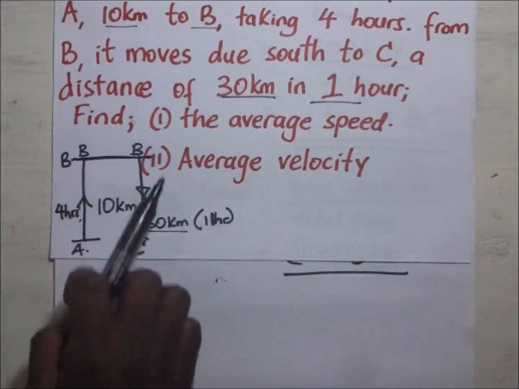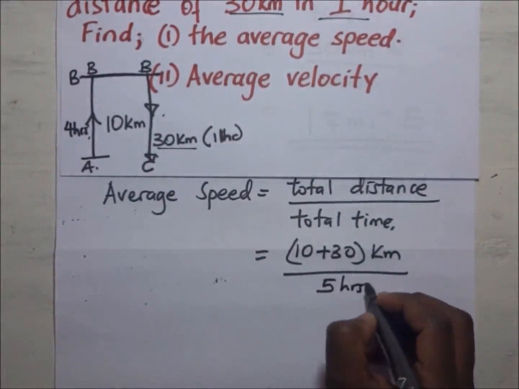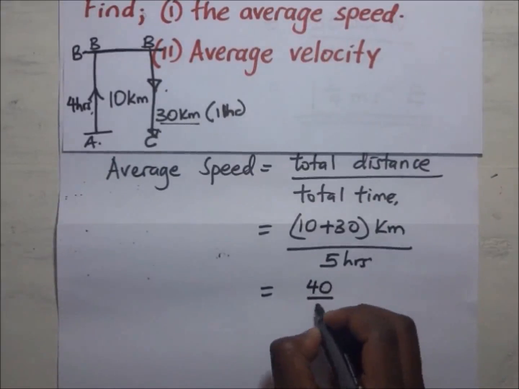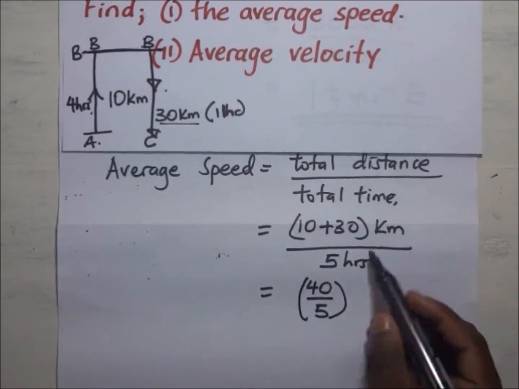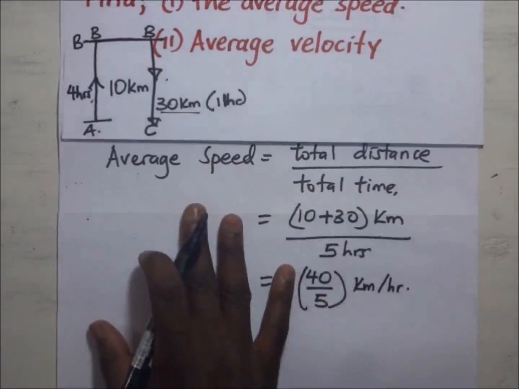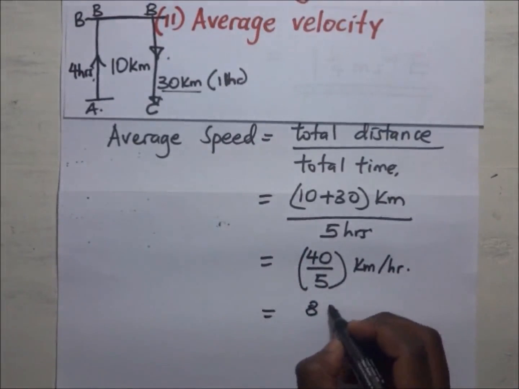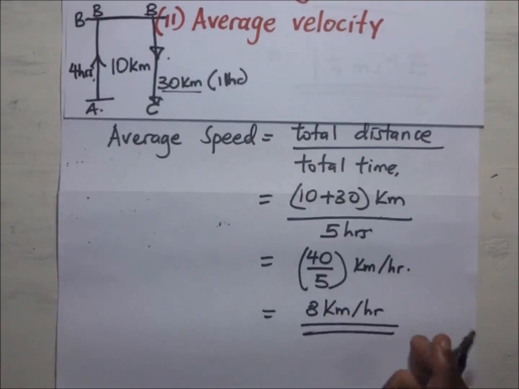So it's 4 plus 1, which is 5 hours. And that's going to be 40 divided by 5, in kilometers per hour, and that will be equal to 8 kilometers per hour. So the average speed is 8 kilometers per hour.